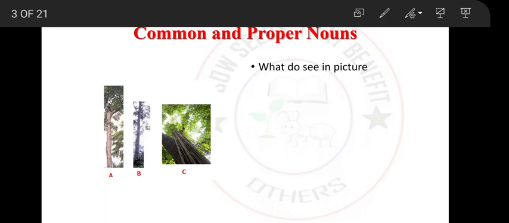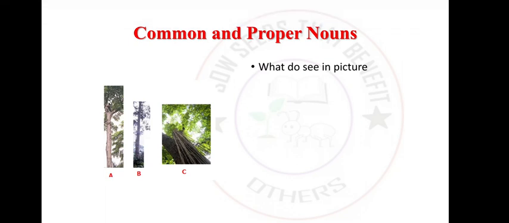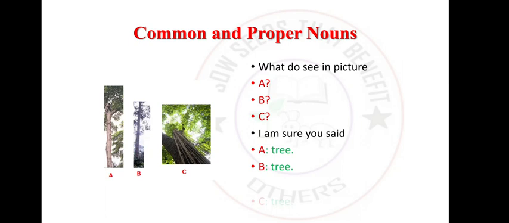A, what is in it? B, what is in it? C, what is in it? That is all. You are a brilliant student, so I'm sure your answer will not be different from what I think. I'm sure you said to yourself that A is a [same thing], B is also a [same thing], and C is also a [same thing].